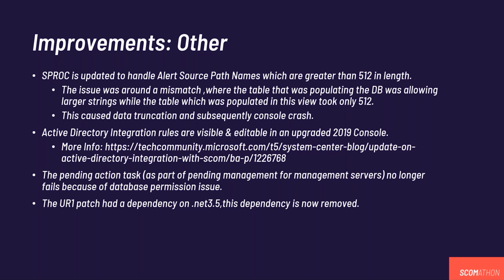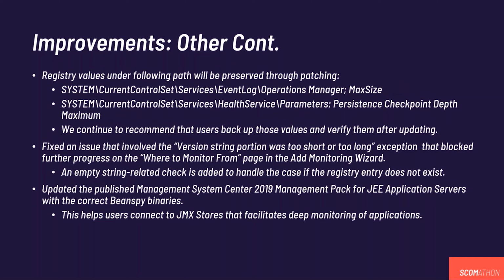And then, oh, this was a throwback to the earlier post about the registry having some things change. So these are some of the parameters that were changed. The checkpoint depth, max size. Something I thought was interesting is that Microsoft is now recommending backing up the registry for certain keys.